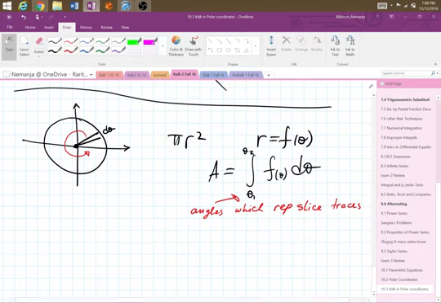So for my circle, if I want to find the area of the circle, I better integrate my function r d theta between 0 and 2 pi. But then there's also this half that floats around.